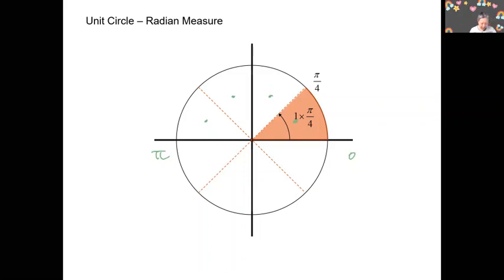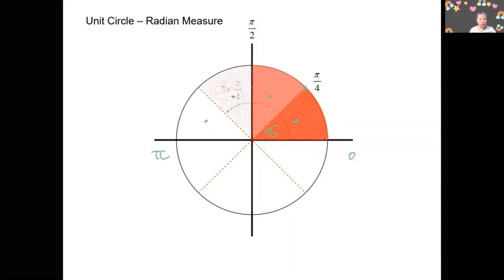Then we can label the terminal side position as pi over 4 in radian. Then what could be the degree equivalent here? Yeah, 45 degrees, right? Then if we have one more, that's 2 pieces of pi over 4, and you reduce it, it's also pi over 2. It should make the same measure, pi over 2, as well.